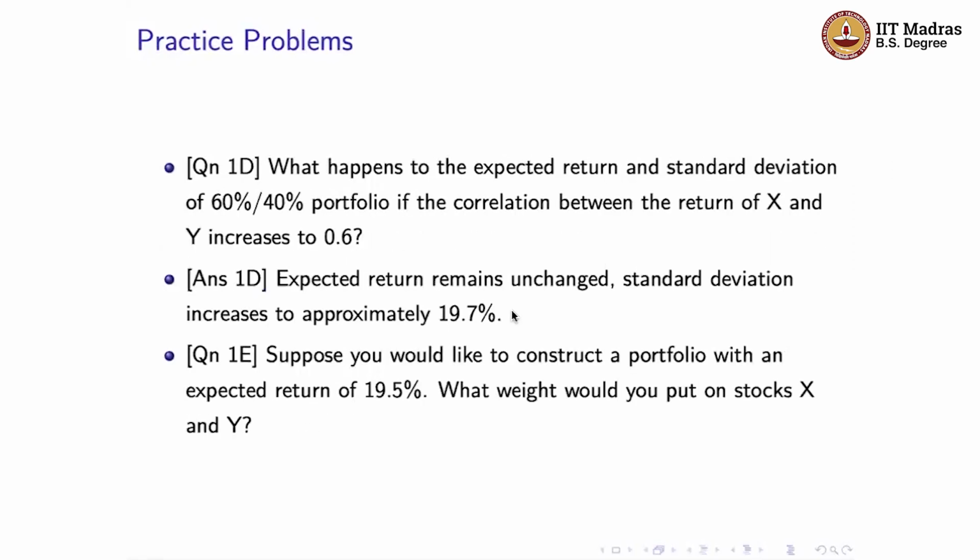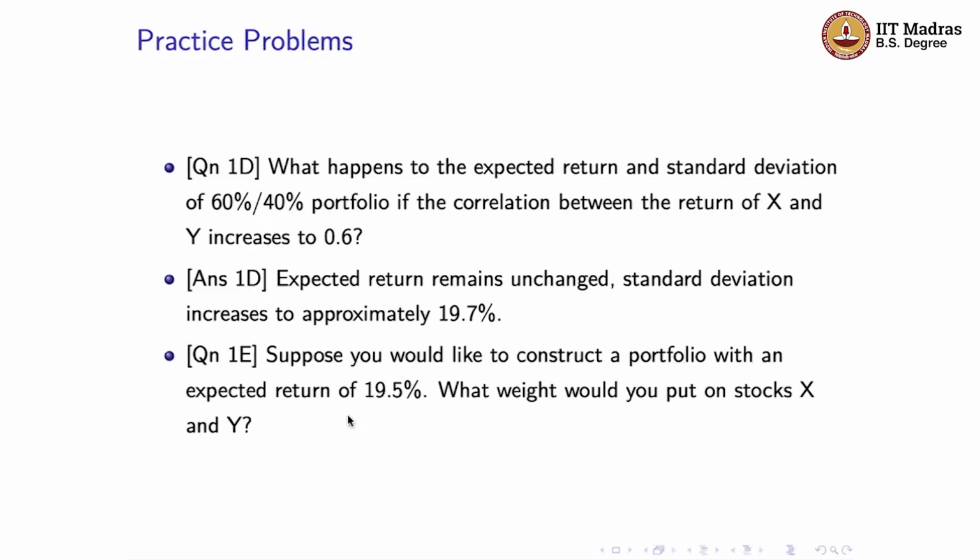We end up seeing that the standard deviation increases to approximately 19.7%. Again, it's about inputting the numbers carefully, avoiding the common errors that we talked about. The second thing to note is that as the stocks become more positively correlated, at least in this example, the risk, as measured by standard deviation, is going up, right?